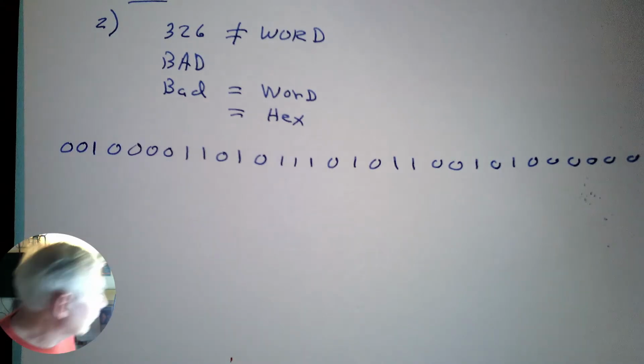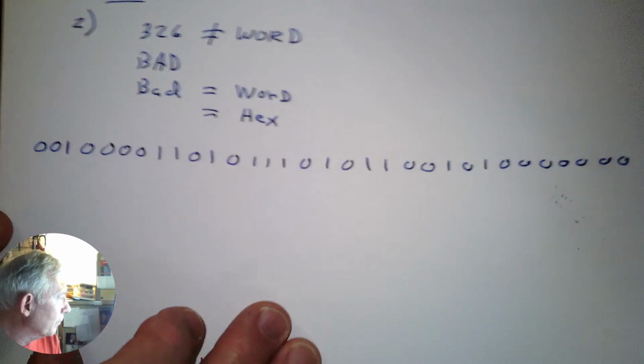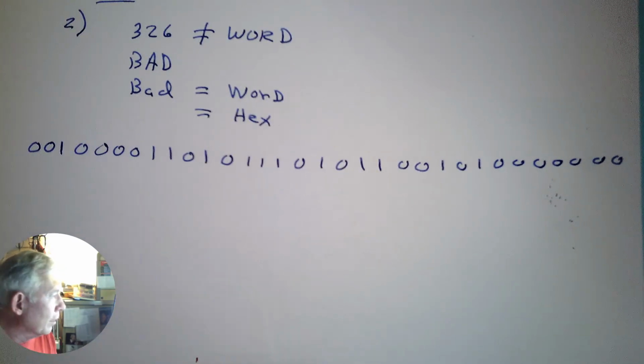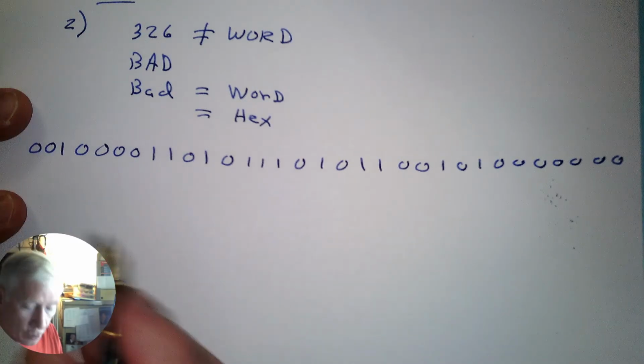Now, that number is really awkward. It's hard to work with, especially once you start getting into 32-bit and 64-bit numbers. If you have to write out all the ones and zeros, you're going to go crazy.